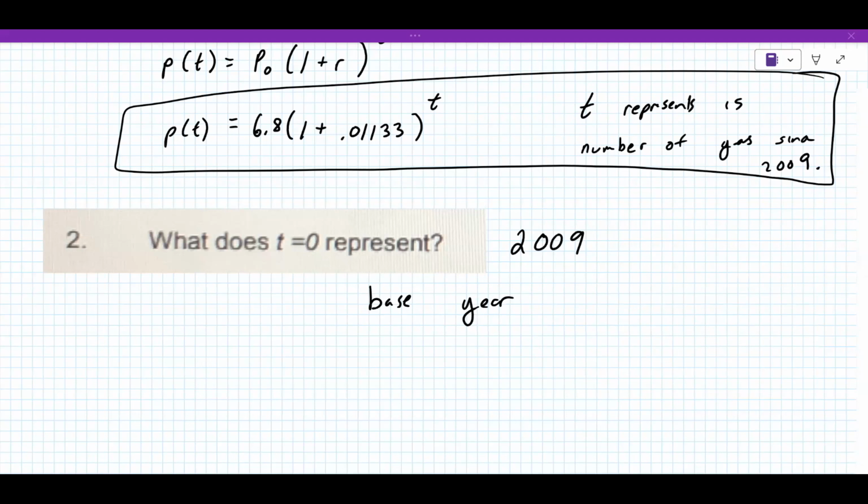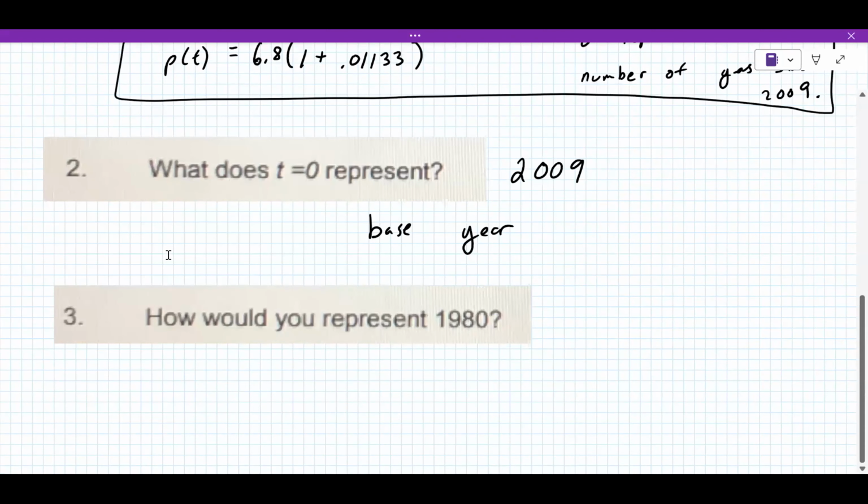All right. Now it says, how would you represent 1980? And we need a little bit better definition of T. T is the year minus 2009. So when the current year is 2009, 2009 minus 2009 is 0. That's what we talked about in the previous problem.